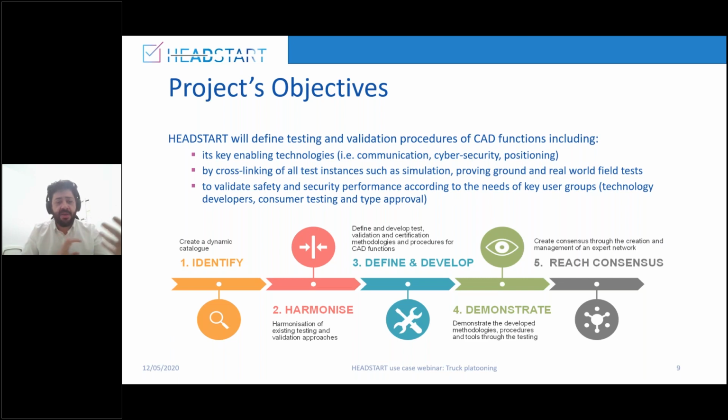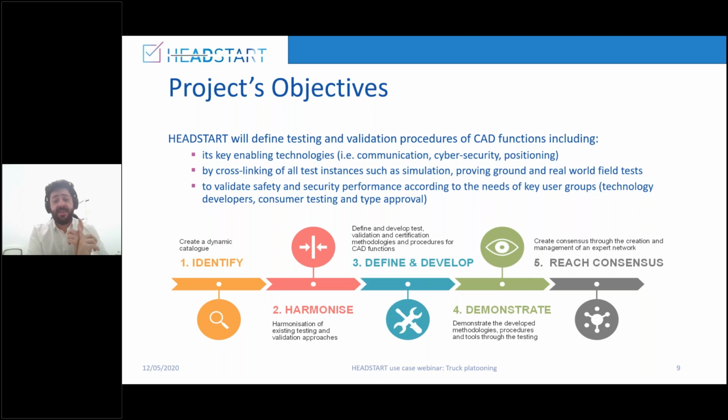We will cross-link all different test instances. This includes simulation, proving ground testing, and also going outside to the real world in order to validate safety and security performance according to the needs of what we understand are the users of these methodologies and procedures.